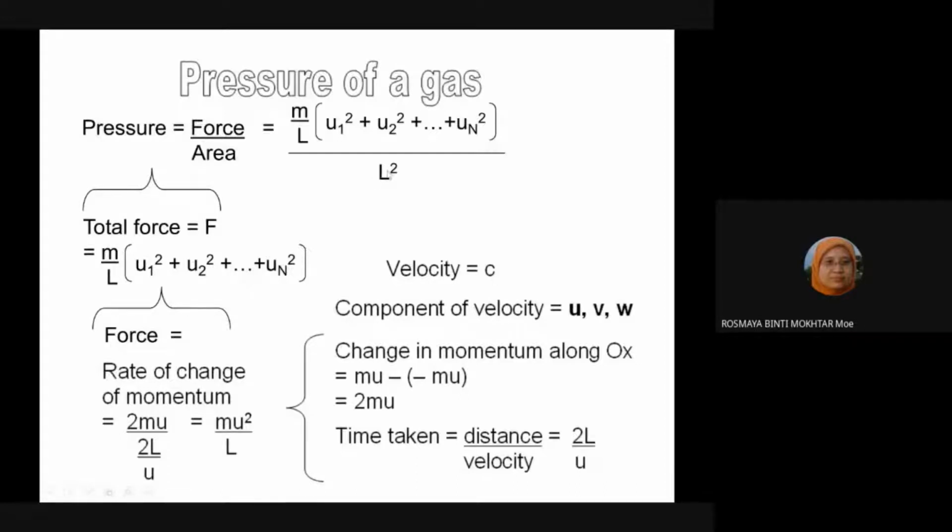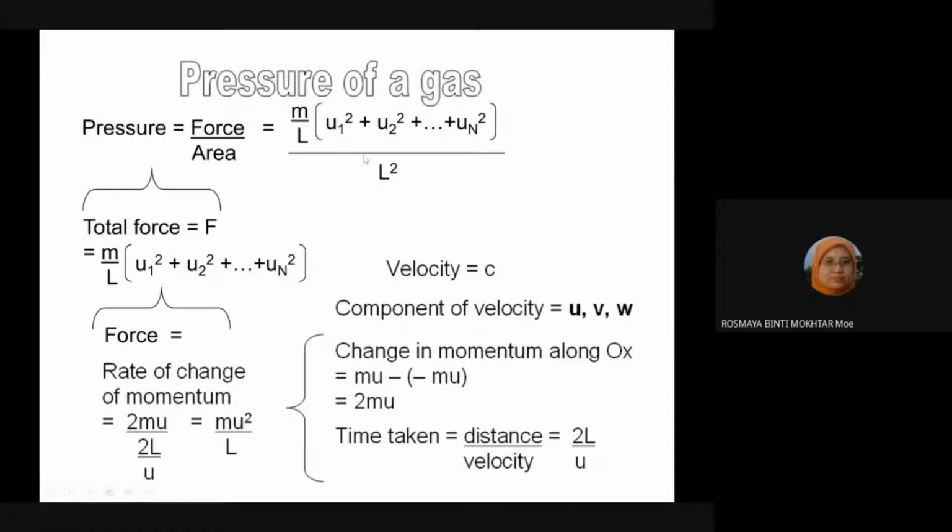This is the area of one surface of the cube where the collision happened, where the molecules collide with the wall and bounce back. So this is the pressure. We haven't finished.